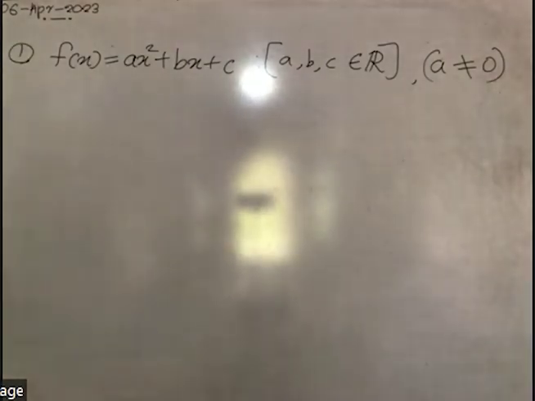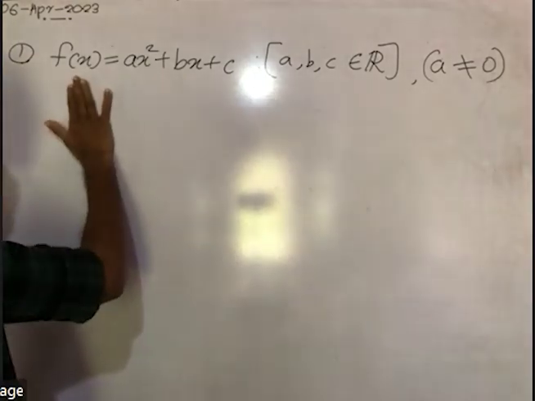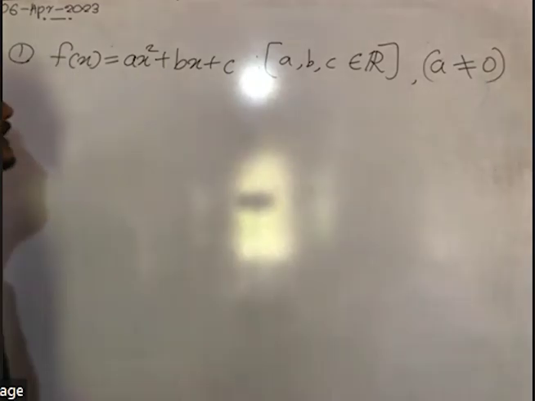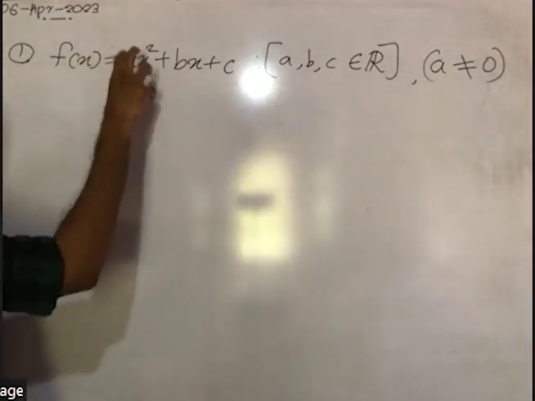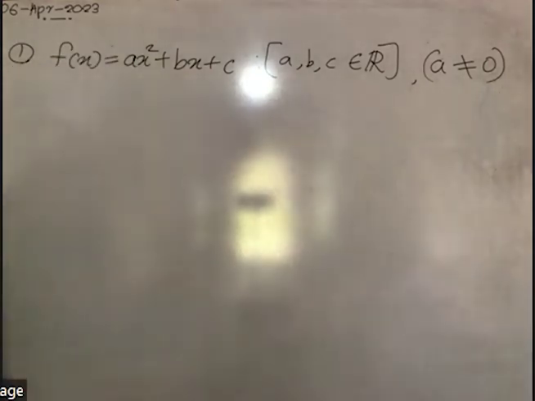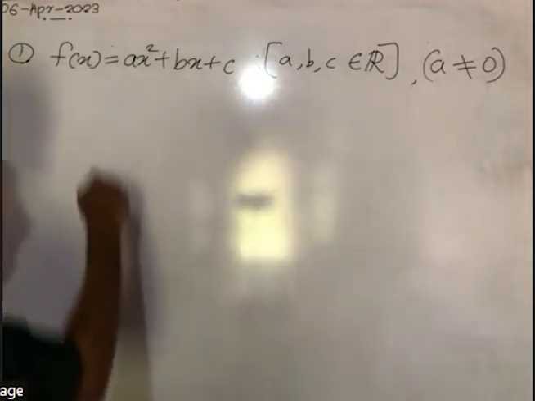So if you consider this quadratic equation, here we have an x squared term, an x term, and a constant term, right? So in this quadratic equation, if you consider the coefficient of the x squared term, it is a, right?